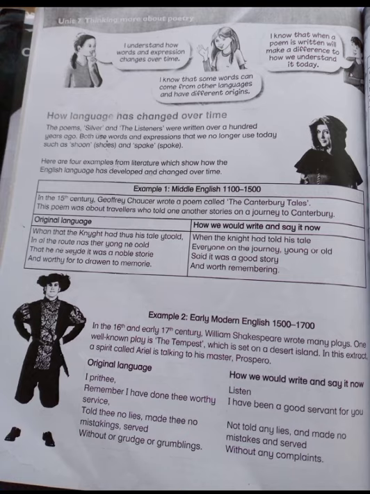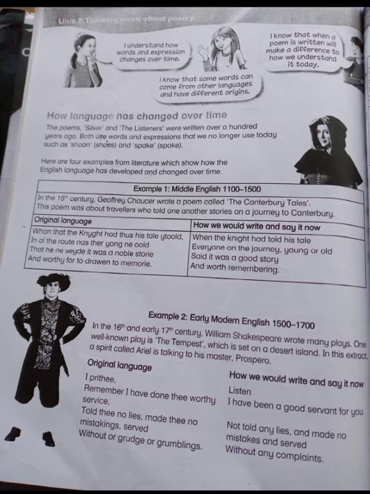So it was a journey whereby the travelers were telling tales to each other. What Geoffrey Chaucer did, he wrote poems about these stories. Remember, we are looking at poetry that tells a story.